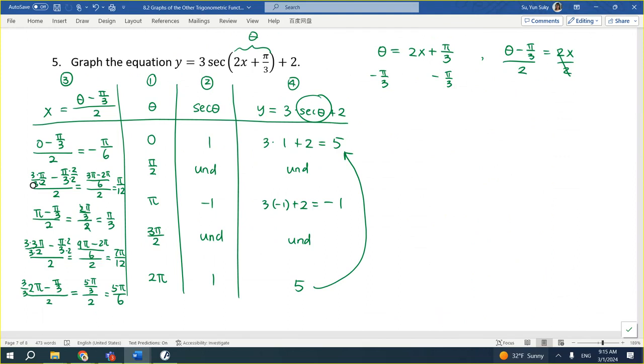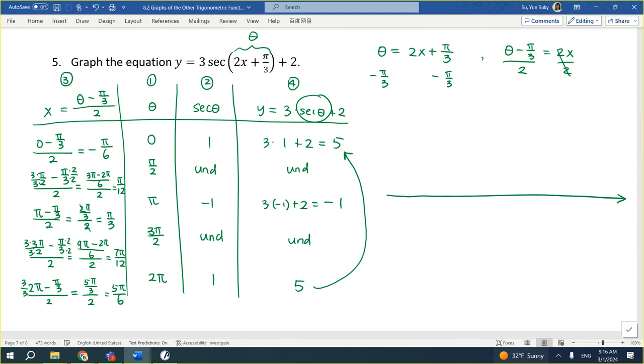So you're going to set up the table, then plot the points on the xy plane and connect them smoothly. Everybody clear? So you have 3 problems like that in the exam. One problem asks you to draw the graph of either sine or cosine. The second asks you to draw either tangent or cotangent. And the third asks you to draw either secant or cosecant. Is that clear, everybody? So 3 problems similar to this type.